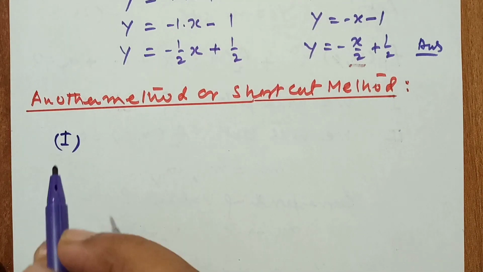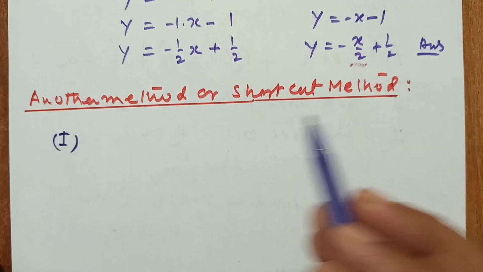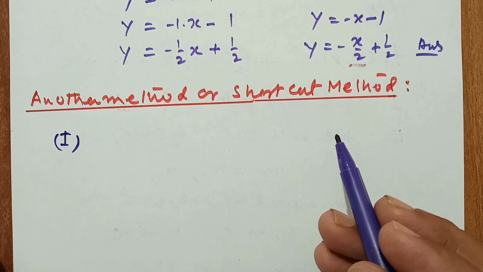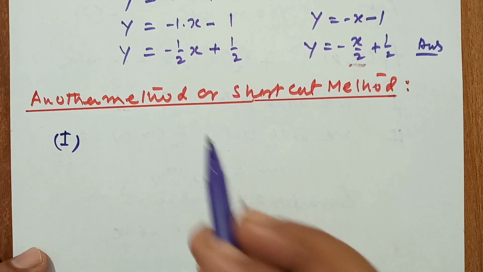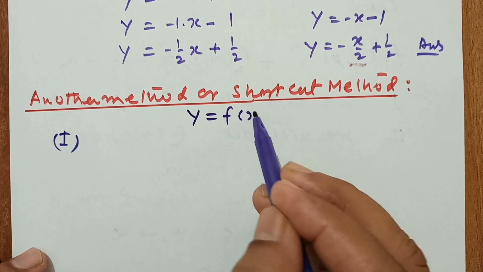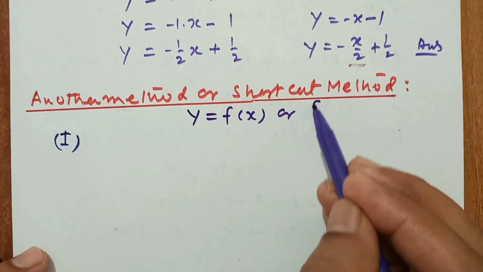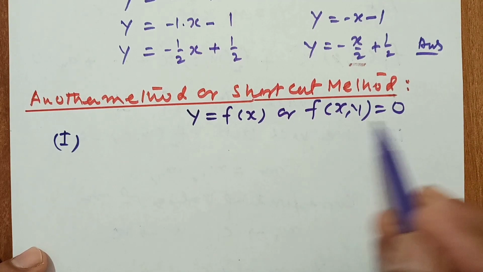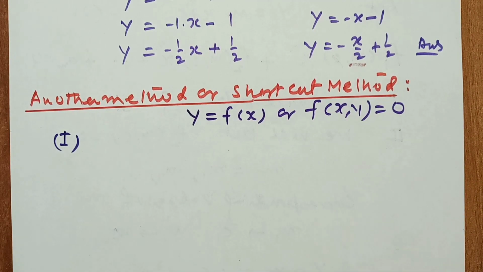Now another method, or shortcut method, to obtain asymptotes for a given curve. Suppose this is a curve, means y is equal to f(x), or f(x,y) is equal to 0. This is the given curve. So what is the working rule?